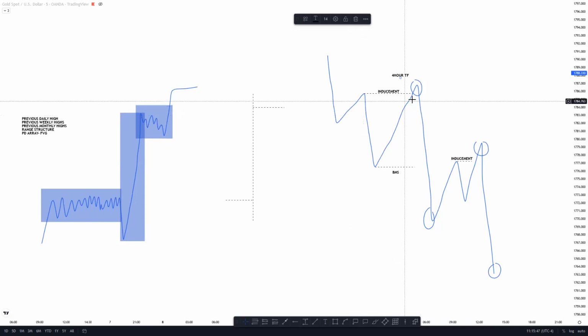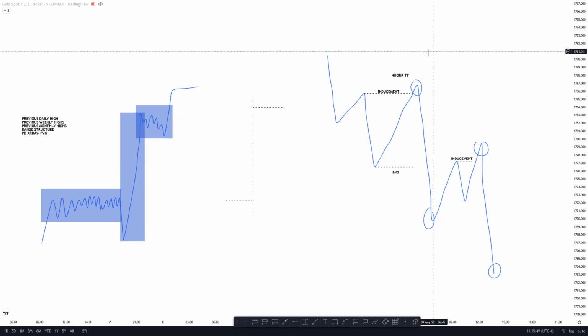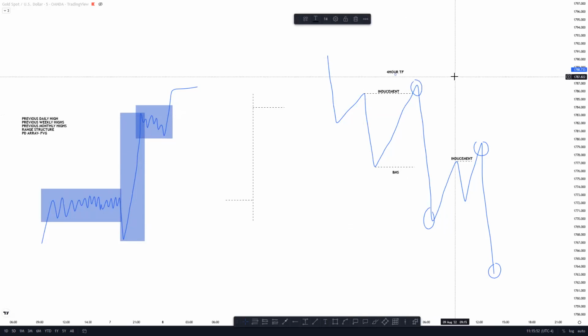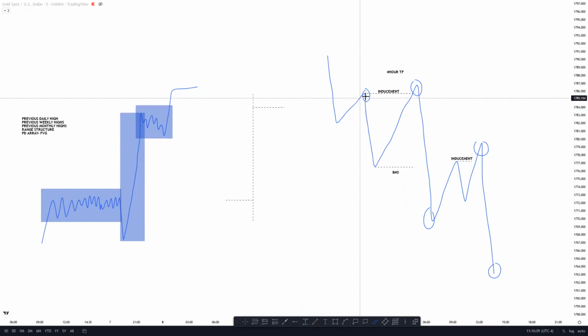But according to what I have learned from the market, this will be a weak low for me if this high hasn't taken out any liquidity. If this high has not taken out any liquidity, this will be a weak high for me. And you see, this high has taken out this as a liquidity, so this will be a strong high.